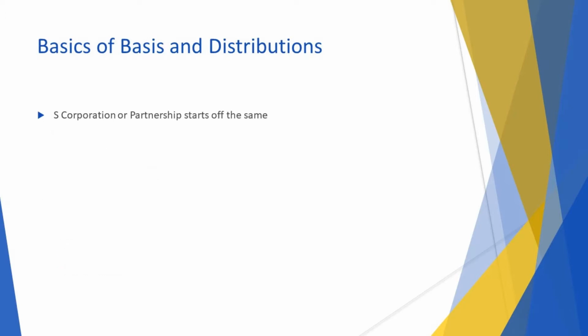S corporation and partnership basis starts off the same. How much did you initially invest in your stock shares or partnership interest? For corporations, the attorney we use typically authorizes 1 million shares at a par value of $1 each.